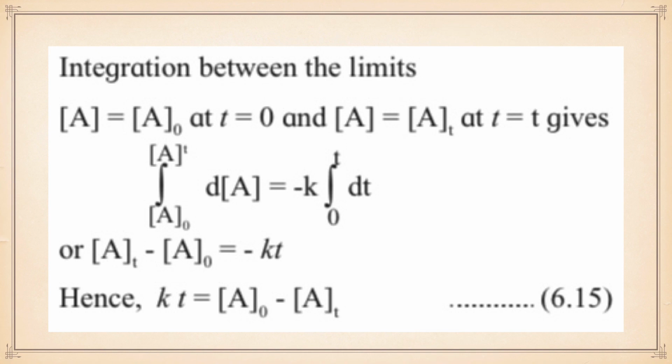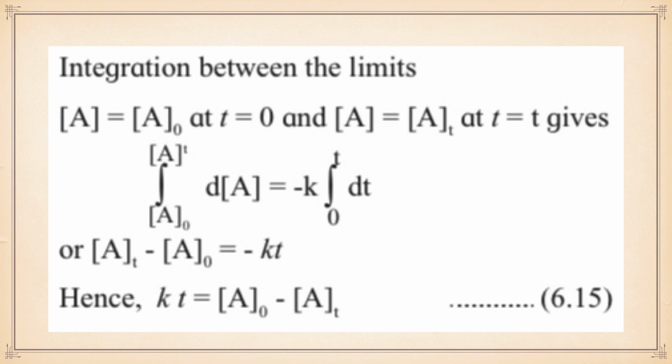So when I integrate within these limits, I will get the integration of d[A] from the initial concentration to the final concentration, that is [A] naught to [A]t, equal to minus k integration of dt within the limits 0 to t, and we have taken minus k outside as it is constant.